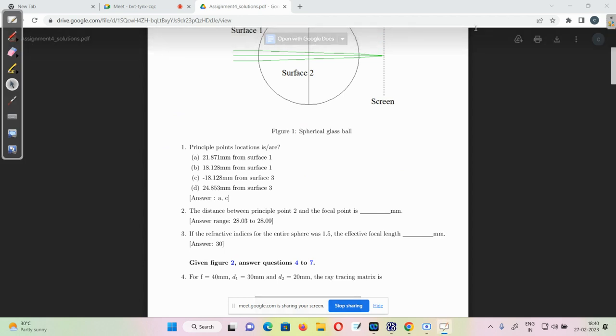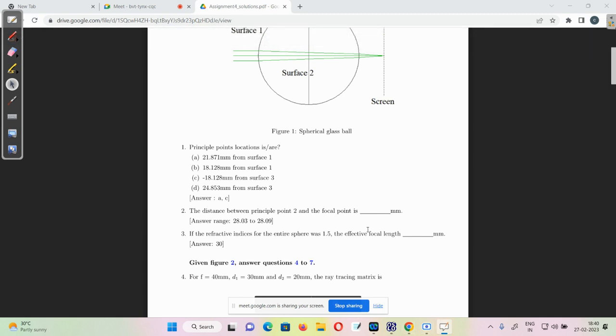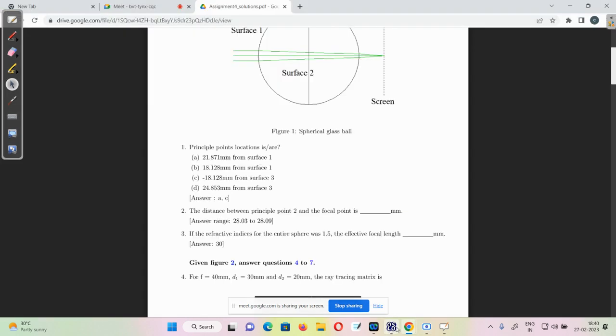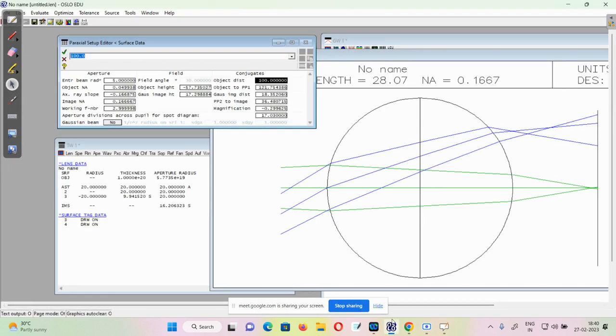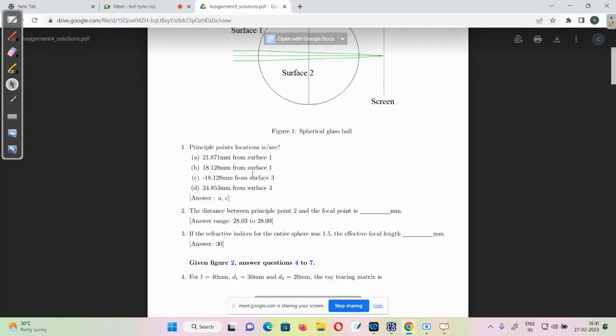Principal point locations are, let's see, 21.875.